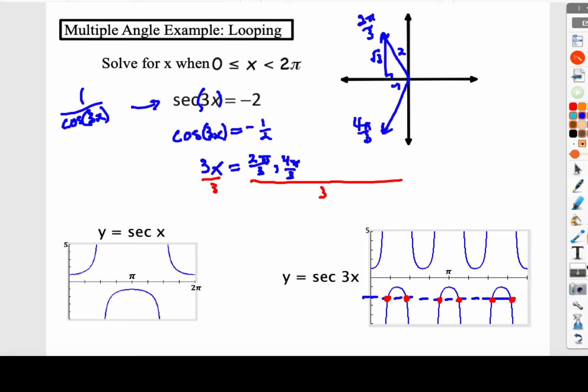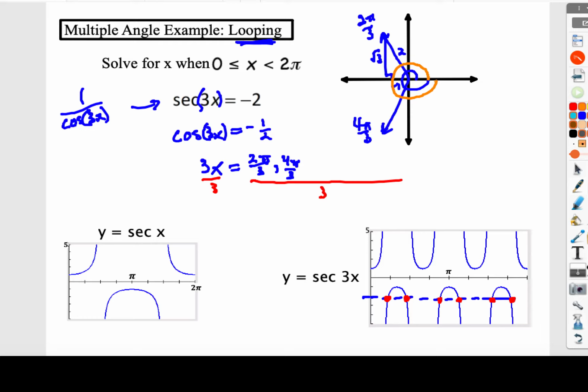Because by saying 3x, what we're really doing, and this is why I call it a looping problem, is we need to consider going around the circle 3 different times. 3 separate times. So I got my first 2 answers by traveling around that first full loop. But the next 2 answers come from traveling around again.